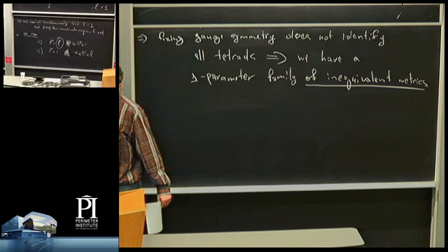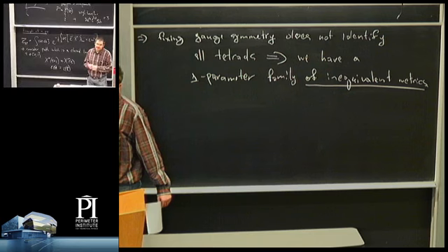The fact will still remain that there is a parameter space of inequivalent metrics. We have a metric on this world line. There is a coordinate tau, and there is a metric e as a function of tau.